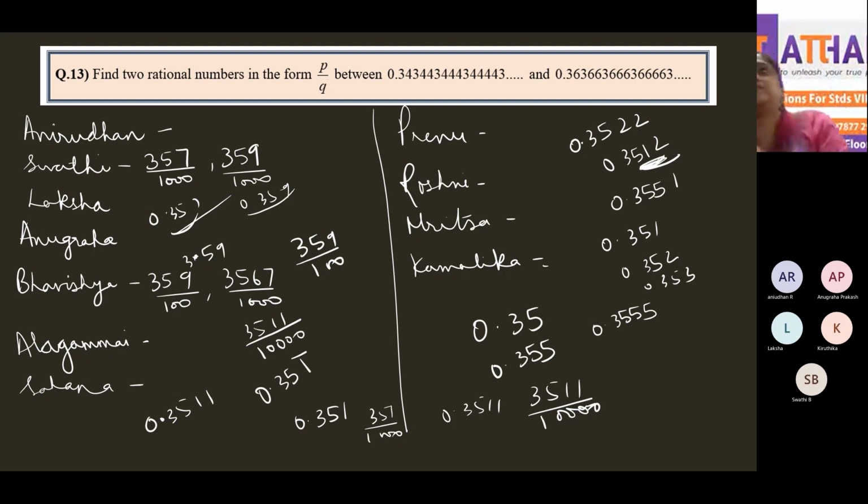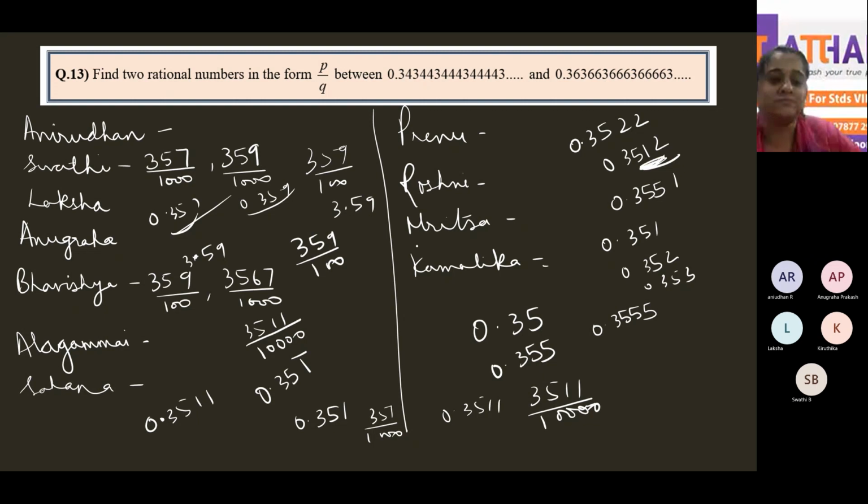Yeah. If it is possible to simplify, you should simplify it. Yes, ma'am, then I got the answer. Okay. So talking about Bhavishya's answer, 359 by 100, it's nothing but 3.59. And Bhavishya, you've gone outside the range.